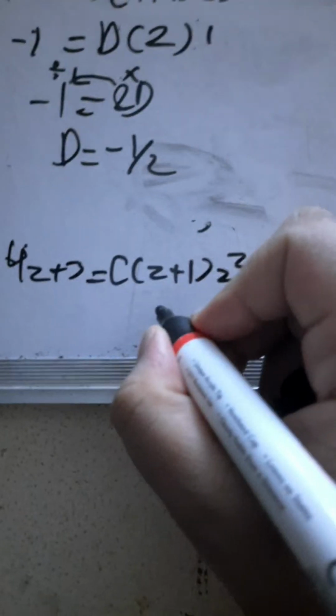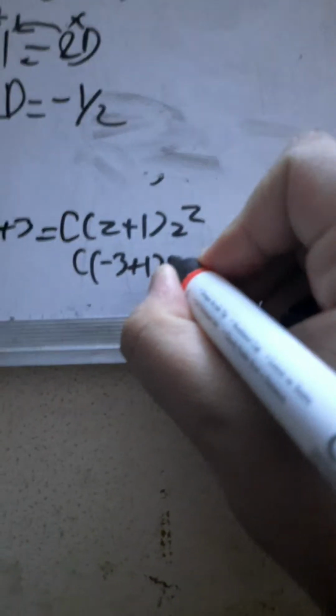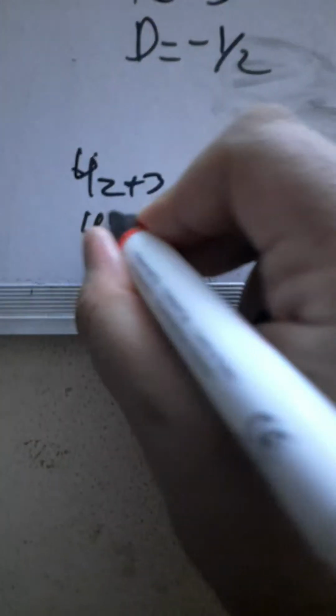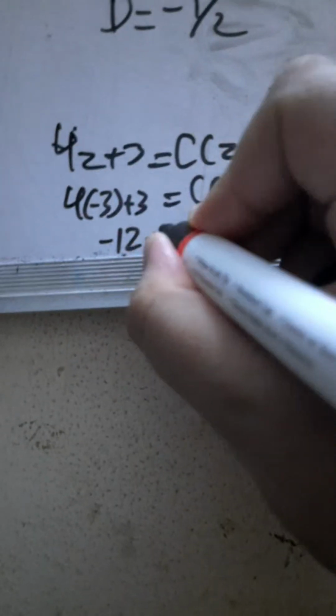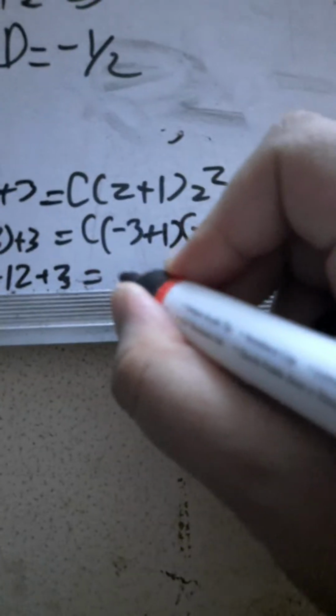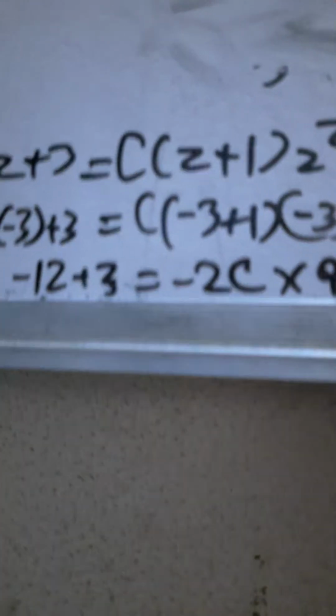So C into minus 3 plus 1 into minus 3 whole square is equal to 4 into minus 3 plus 3, which is minus 12 plus 3, equal to minus 3 plus 1 is minus 2C, minus 3 square is 9, minus into minus is plus, so minus 12 plus 3 is minus 9.